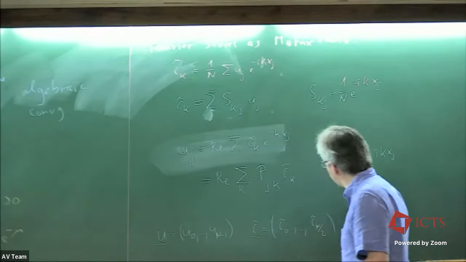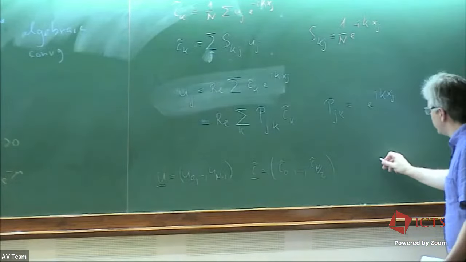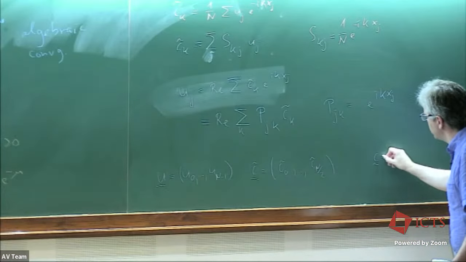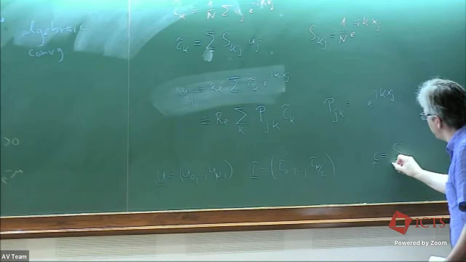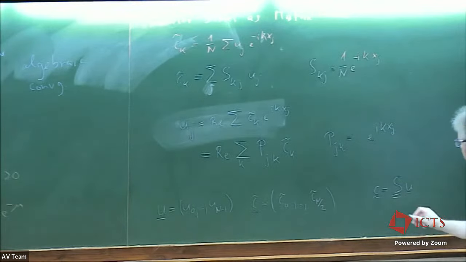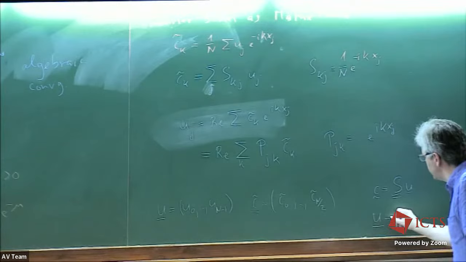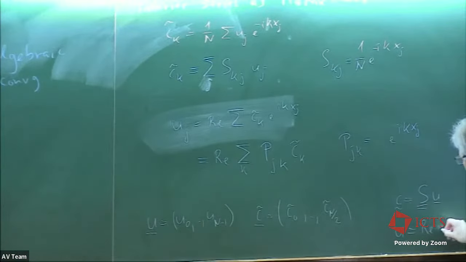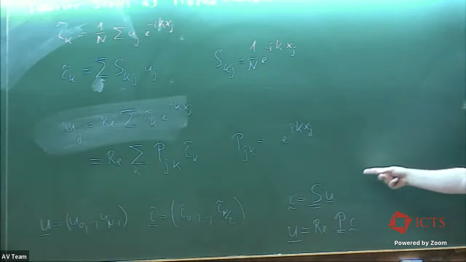And then you could write this as c delta equals matrix S times U, and U equals the real part of matrix P times c delta. So you can go back and forth with matrix multiplications.